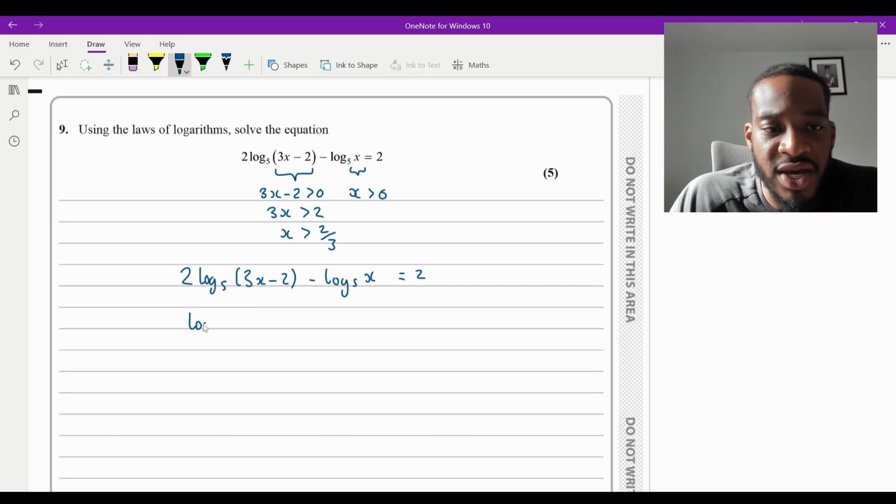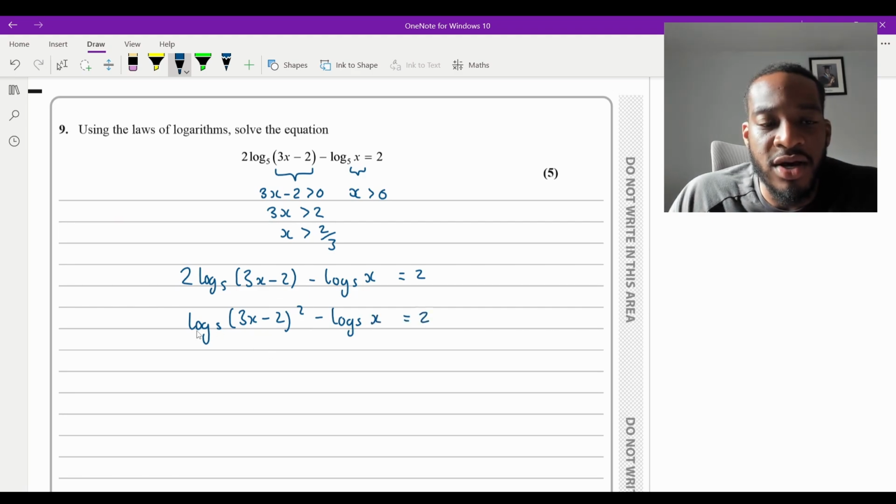So it becomes log base 5 of 3x minus 2 all squared, minus log base 5 of x is equal to 2. Now, we can use the subtraction law for logs to say that we've got log base 5, and then this just becomes 3x minus 2 all squared divided by x, and this has to equal 2, right?